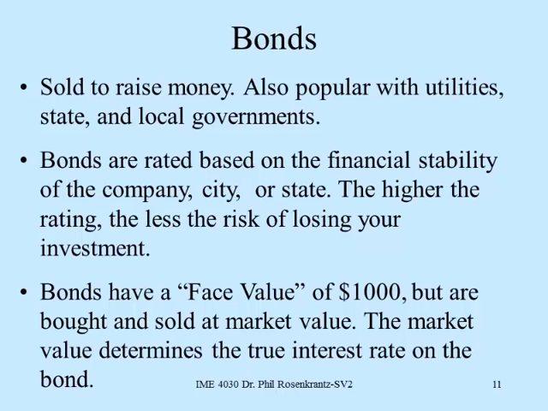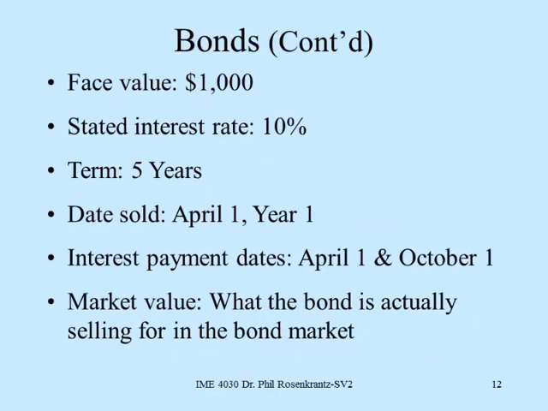Okay, let's go to slide number 12 and give an example of what this might look like. Let's suppose the face value of a bond is $1,000 and the interest rate paid on it is 10%. And let's say it's a 5-year bond, so at the end of 5 years, the $1,000 will be redeemed. The bond is sold April 1st of year 1, and the interest will be paid 2 times a year.